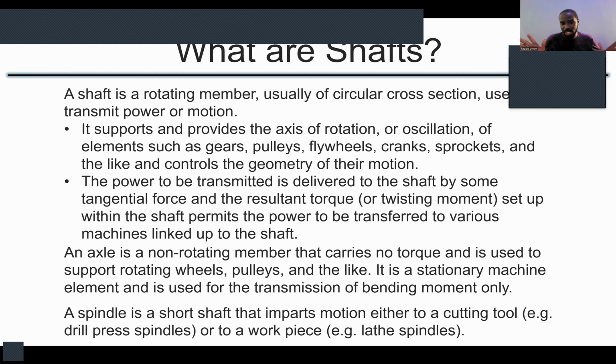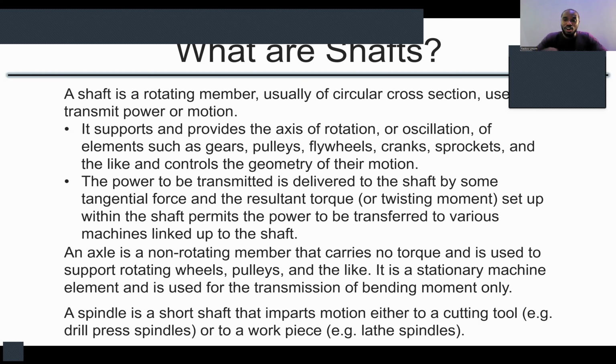Those are shafts. Now, there are two other things that people confuse as shafts. One is an axle. An axle is a non-rotating member that carries no torque but is able to carry the weight of other rotating members, like maybe wheels and pulleys. So the difference between an axle and a shaft: we said a shaft is a rotating member.